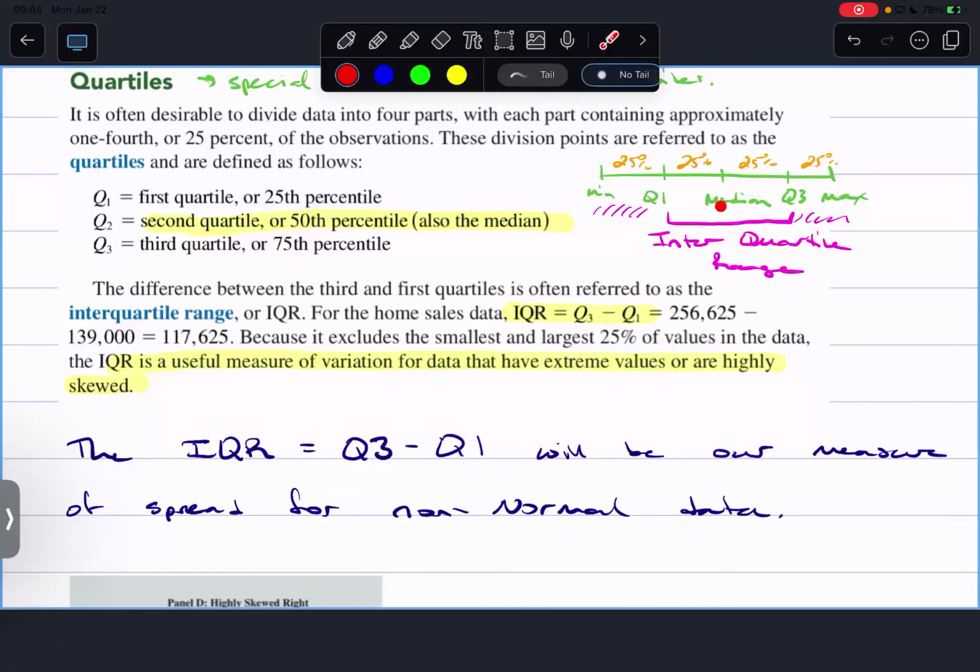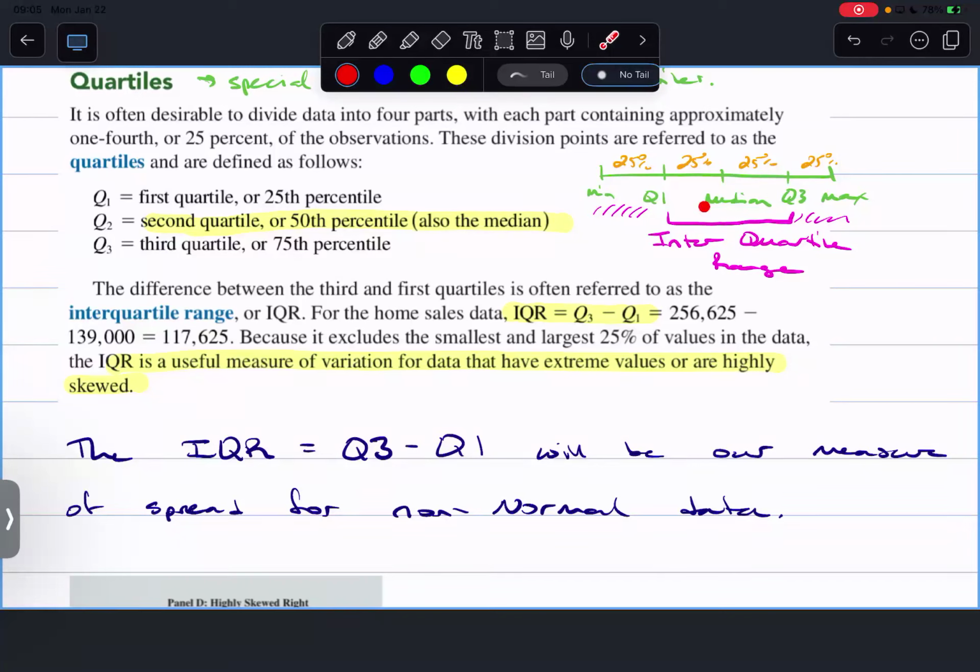Now, 1.5 is completely arbitrary, but it's what's been settled on. Tukey suggested it, this famous statistician, and so he kind of led the way, but there's lots of different ways you could do it. You could do 2 times the interquartile range, or I don't know, 1.75, I'm sure is floating around, but traditionally we just use 1.5 times the interquartile range.